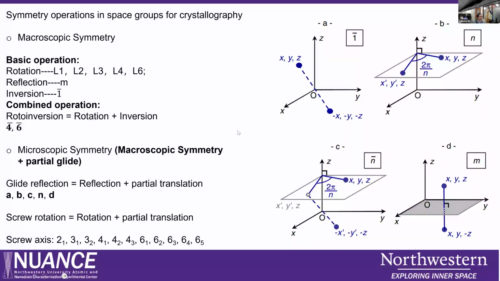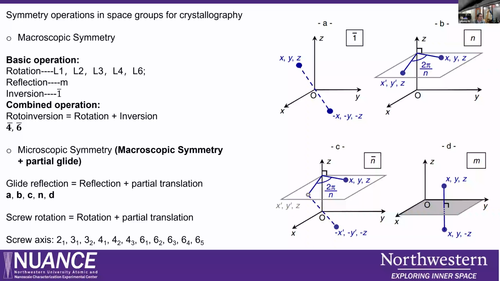Now, let's move on. I will show you some symmetry operations in space groups for crystallography. There is what we call microscopic symmetry, and all this microscopic symmetry has no translational feature. For example, L1 actually means no symmetry, no rotation.